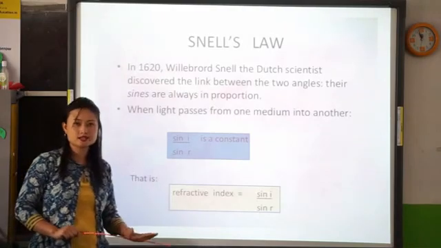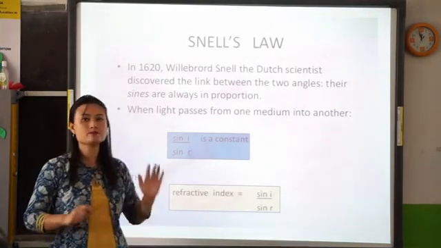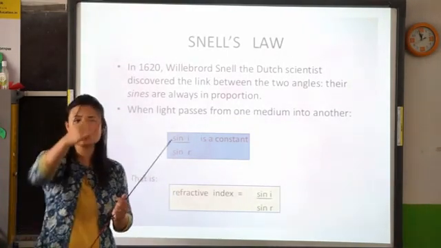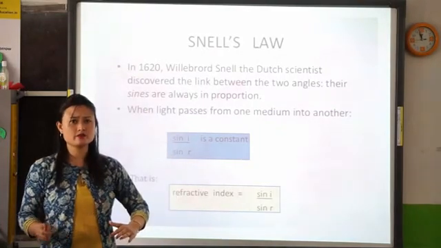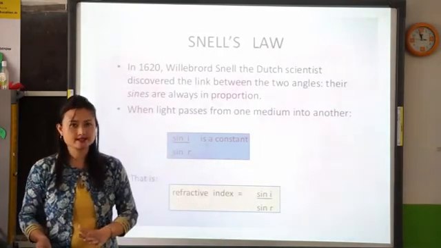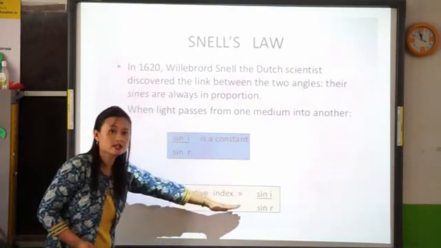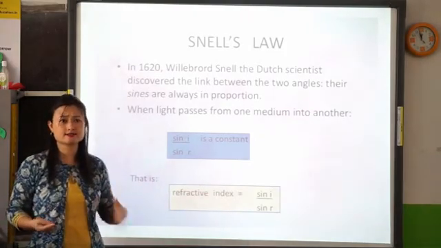The second law states that the sine of the angle of incidence and the sine of the angle of refraction bear a constant ratio. That means when you find the ratio of the sines of the angle of incidence and angle of refraction, you find the answer to be a constant. And that constant is called the refractive index, which you will be learning more about in your higher classes.